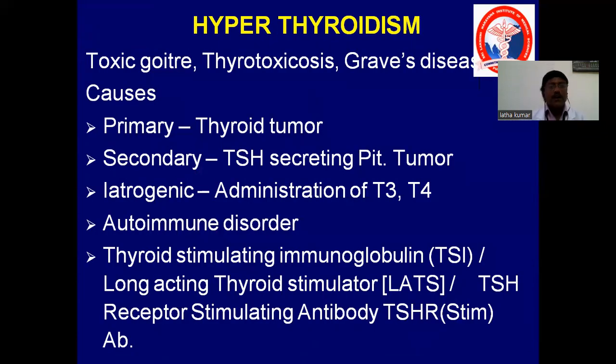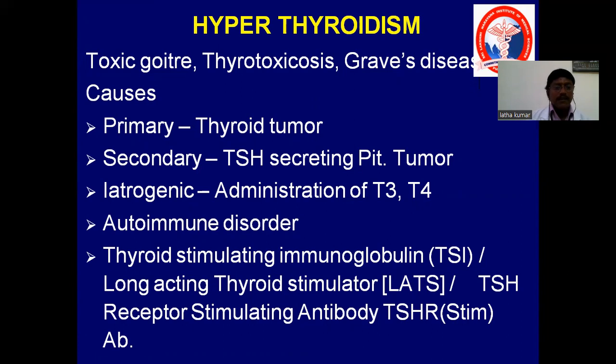Hyperthyroidism, toxic goiter, thyrotoxicosis, Graves' disease, all come under hyperthyroidism. Reasons for hyperthyroidism are primary thyroid tumor and secondary thyroid stimulating hormone secreting pituitary tumor. So a tumor in the thyroid, maybe the problem with the thyroid gland itself, or the thyroid stimulating hormone secreting pituitary tumor, and iatrogenic administration of T3, T4.